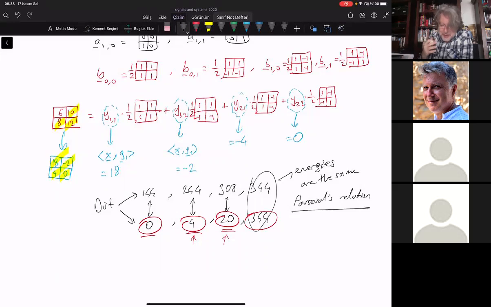What do we mean by smaller frequency? For example, 1111 is a DC frequency, it's the smallest frequency. And the others are gradually becoming higher and higher in frequency. And the values are becoming smaller and smaller.